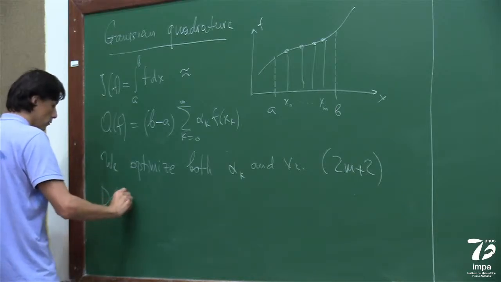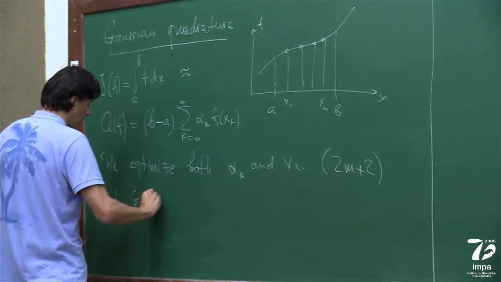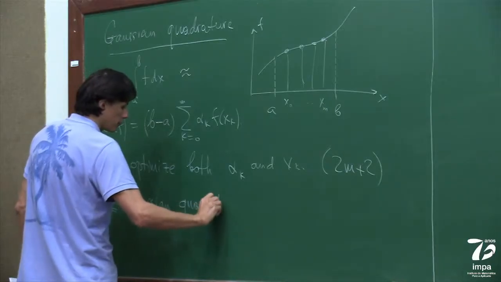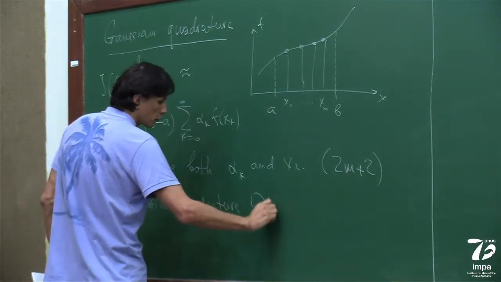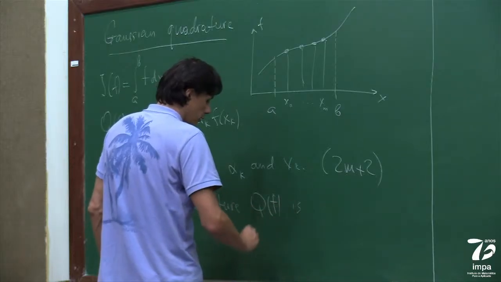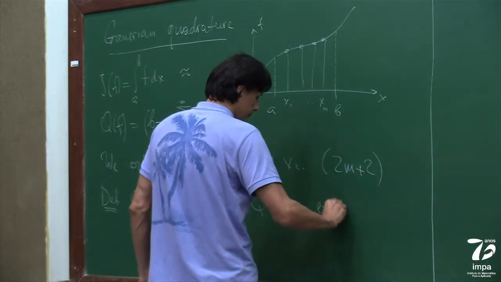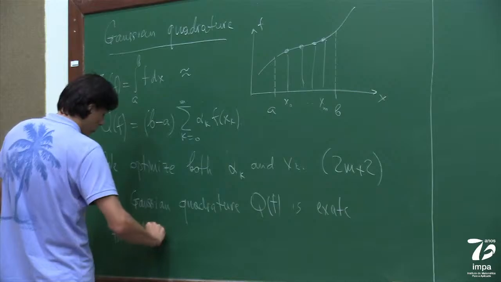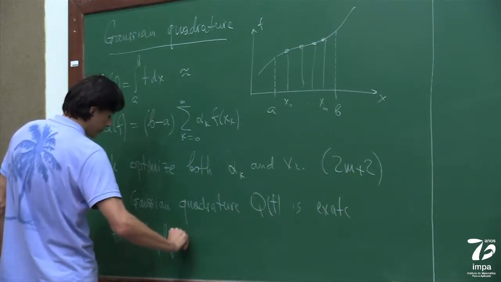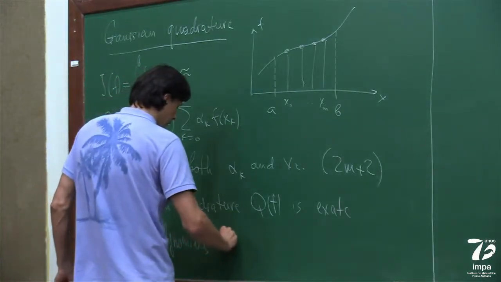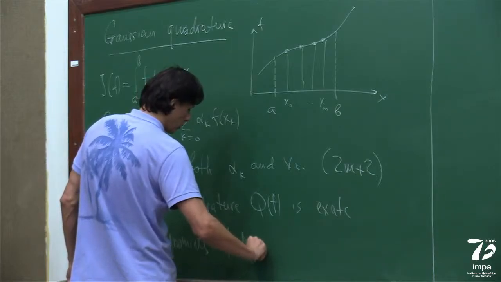And this means that we can expect the following. We define the Gaussian quadrature Q of f as the quadrature which is exact on all polynomials of degree up to some bound.